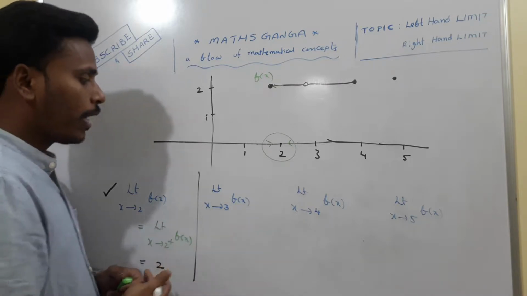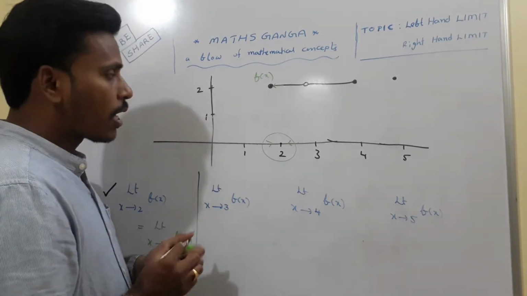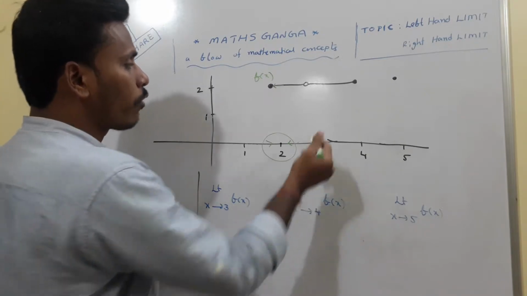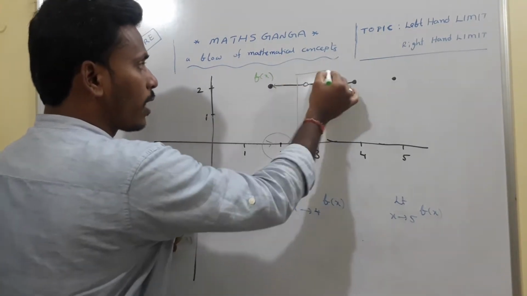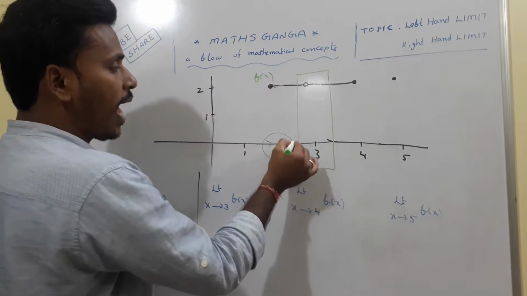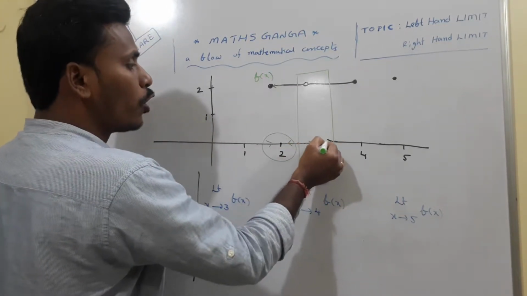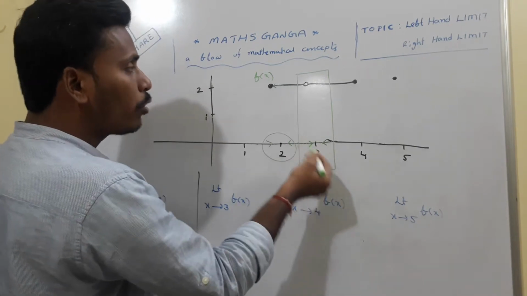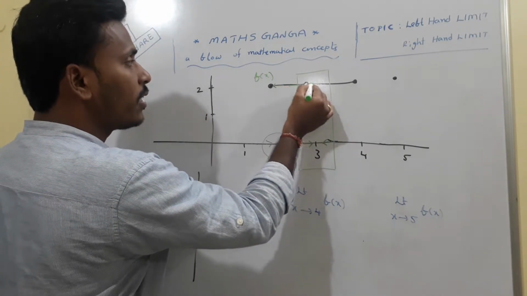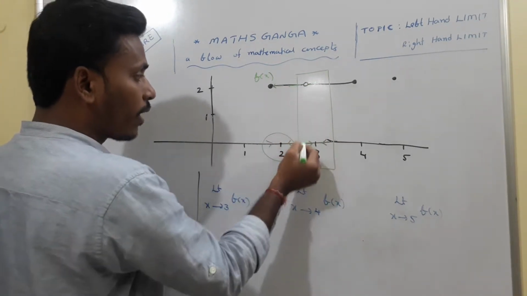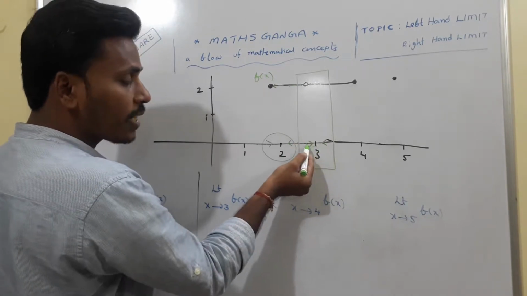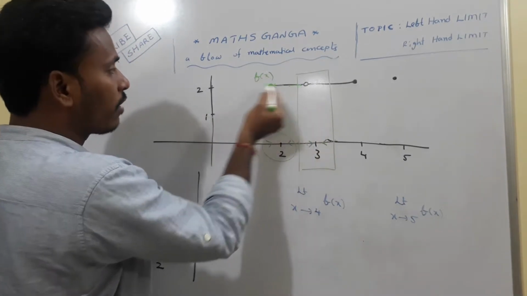Now coming to limit x tends to 3 f of x. If you concentrate on the surroundings of 3, as you move towards 3 from the left side or from the right side, in both cases the function is in this region. For the values which are less than 3, the functional value is 2.